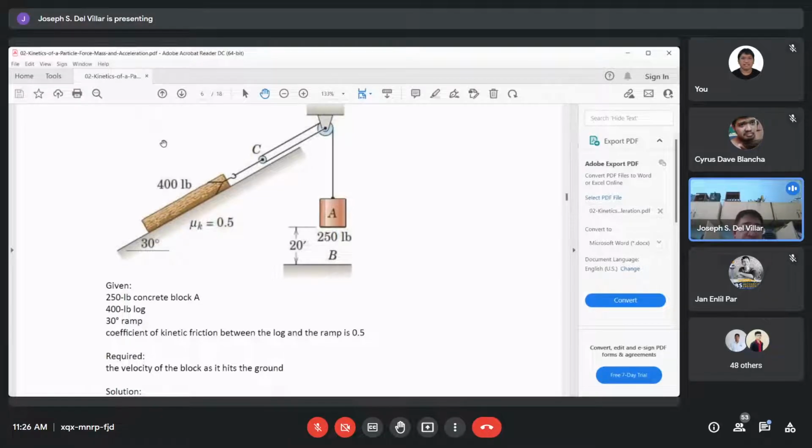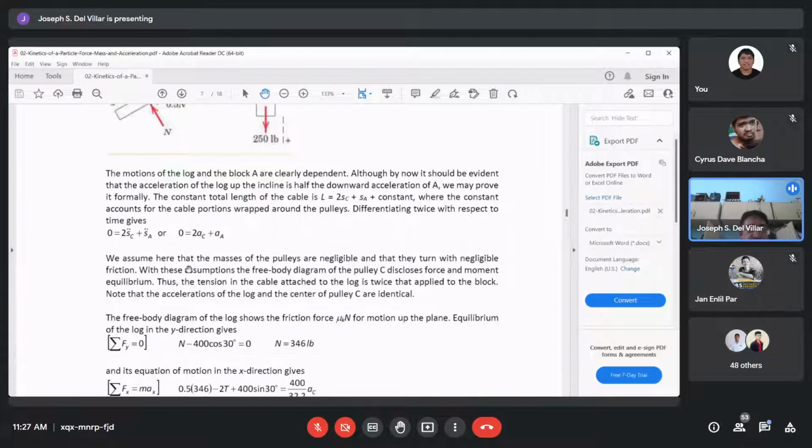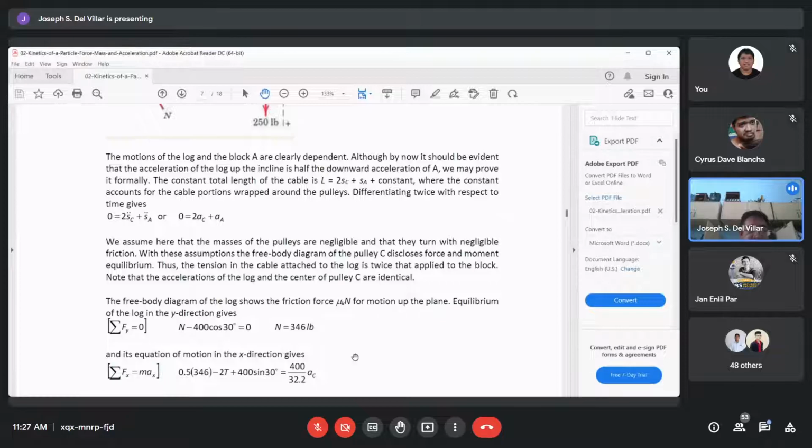If you take this, and here is the weight, the angle is 30 with respect to the y. So that's why N minus 400 cosine 30 is equal to 0. So in this particular case, one equation, one unknown, the normal force will give us 346 pounds.